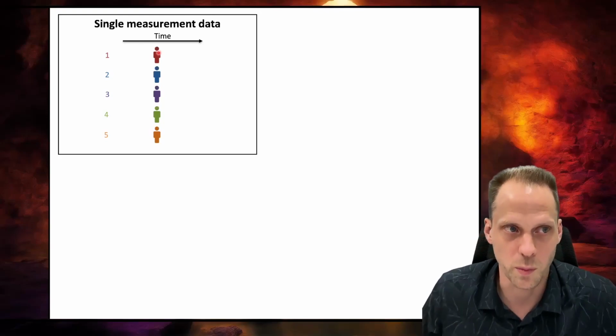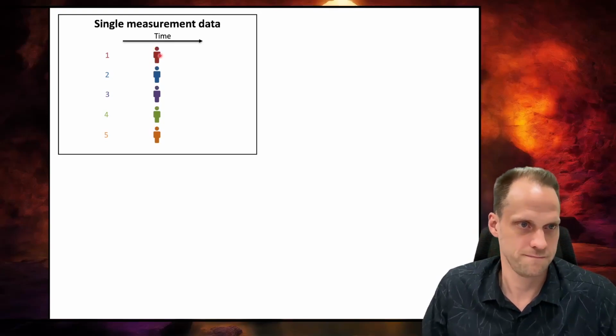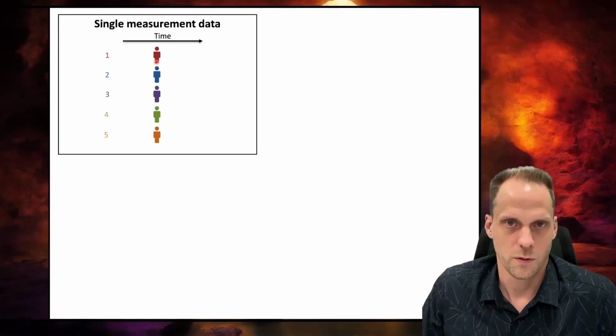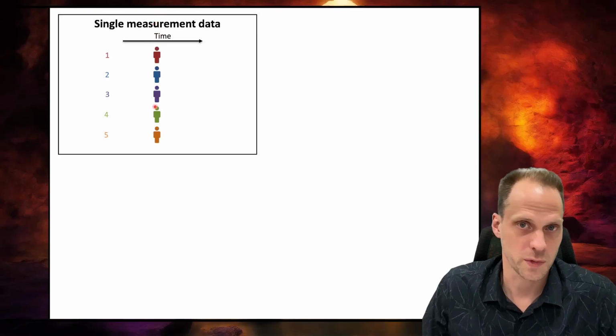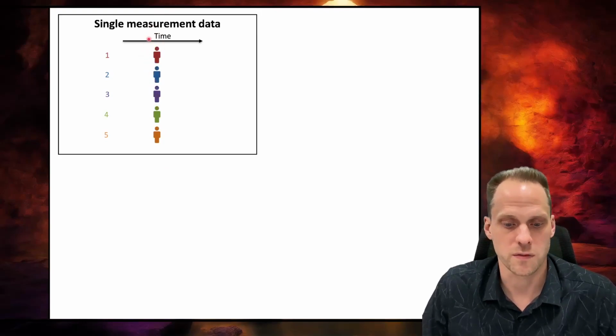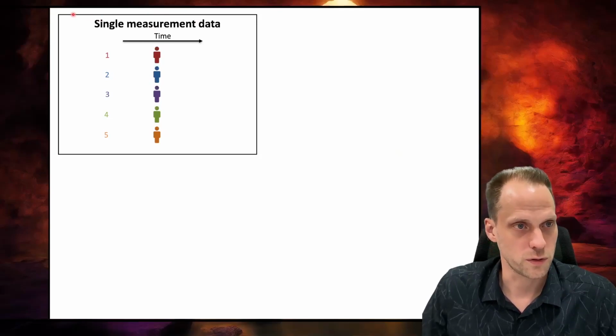You'll always be born in one place. Or maybe it's if you experience a certain amount of depressive thought over a period of 3 months, for example. Is it really a point in time, or is it just one measure? Or maybe it's a clinician-rated effect, things like that. So that's why I like to use the term single measurement data here.